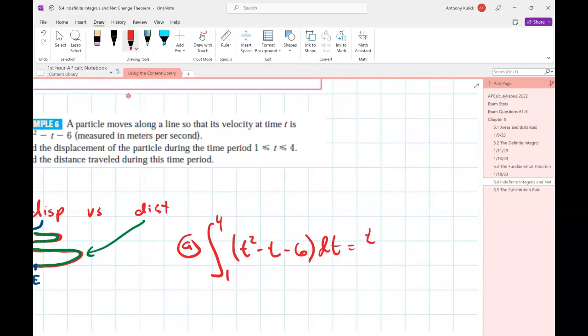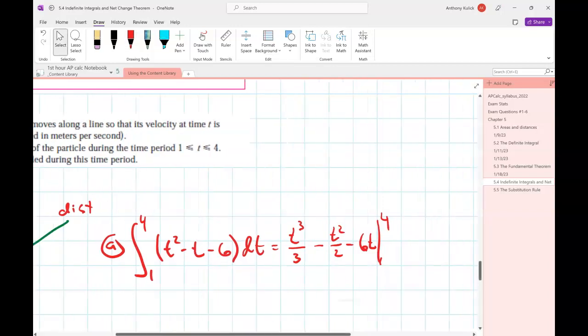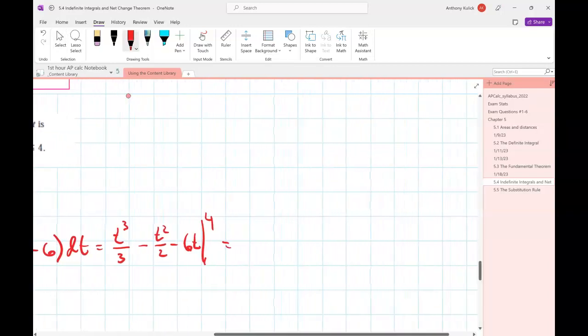So the antiderivative of t squared is t to the third over 3. The antiderivative of t is t squared over 2. The antiderivative of 6 is 6t. And then I just evaluate from 1 to 4.